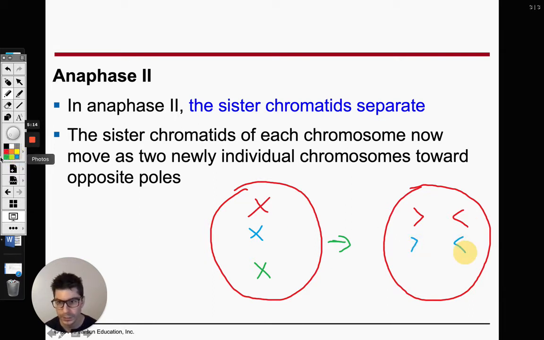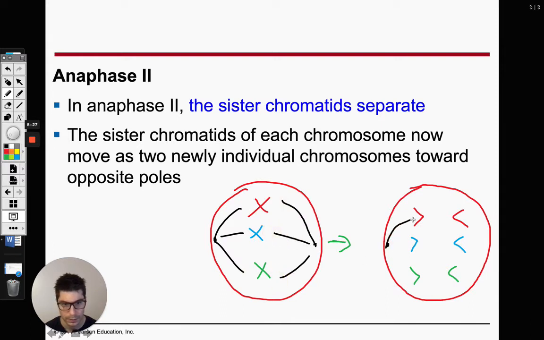I'm going to pull these guys apart, and the kinetochores get reeled in closer to our centrioles. All right, so here is our anaphase 2. Now, later in telophase, we're going to split this in half and it's going to form 2 cells.